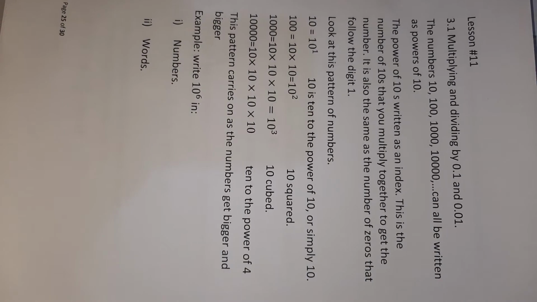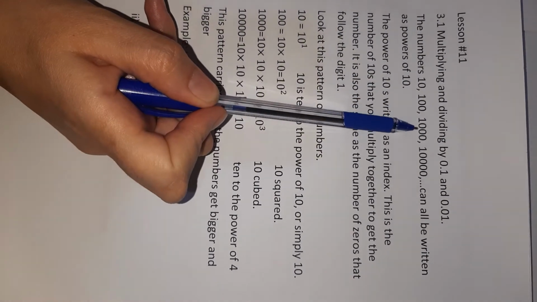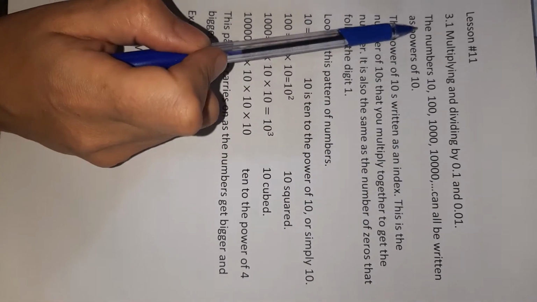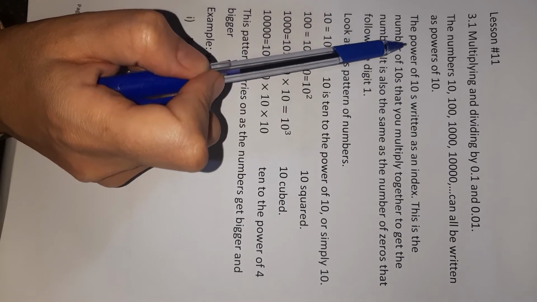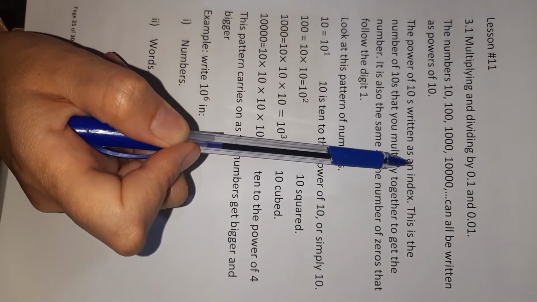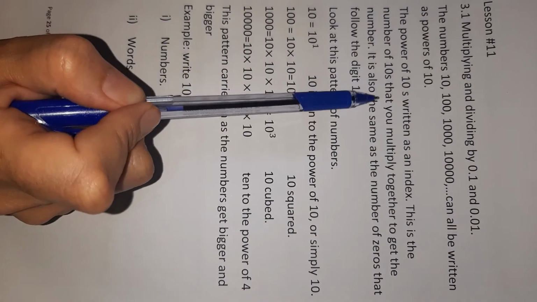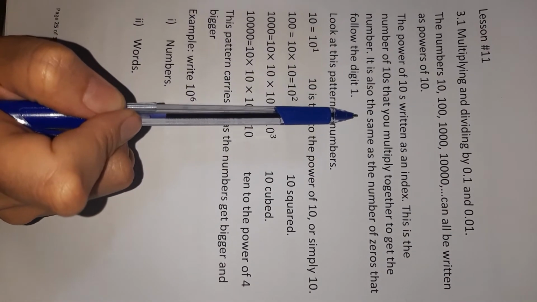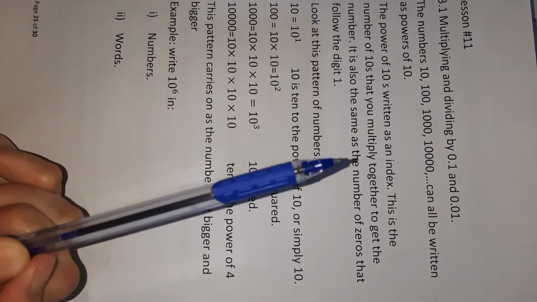Look, the numbers 10, 100, 1,000, 10,000 can all be written as powers of 10. The power of ten is written as an index. This is the number of tens that you multiply together to get the number. It is also the same as the number of zeros that follow the digit 1.